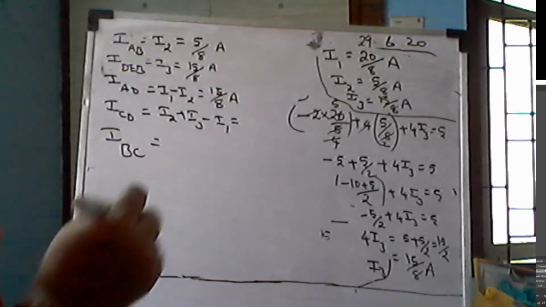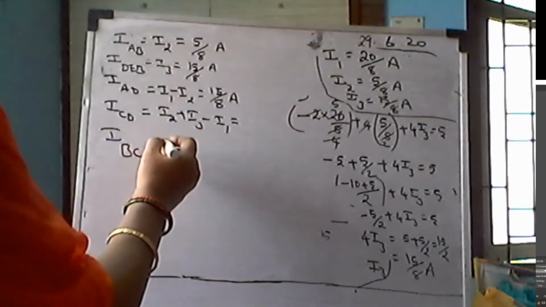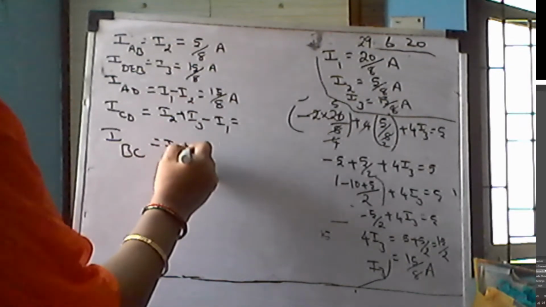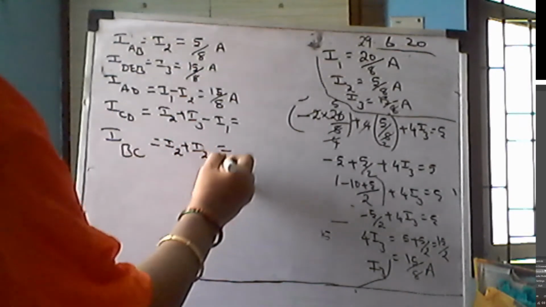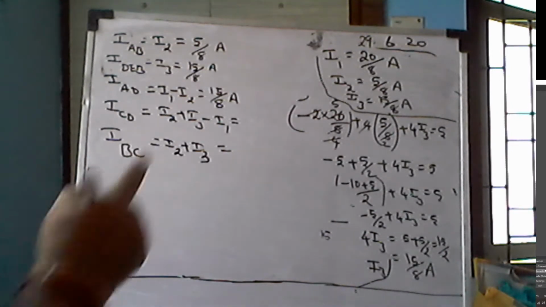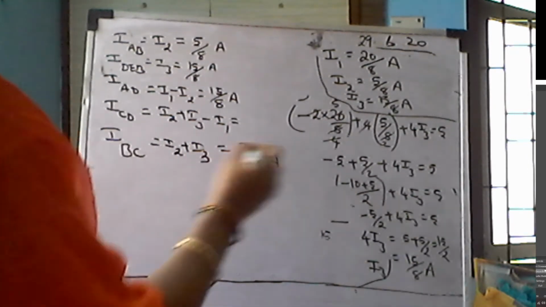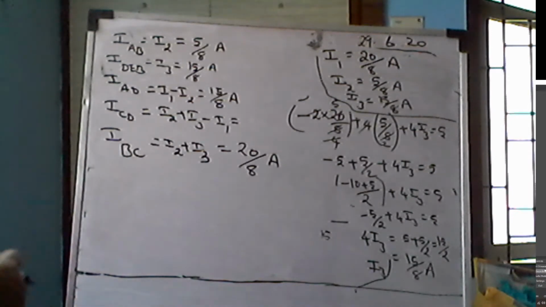I across BC is I2 plus I3, so that is 20 by 8. Let me check this ICD. What is ICD? I across CD is I2 plus I3 minus I1.